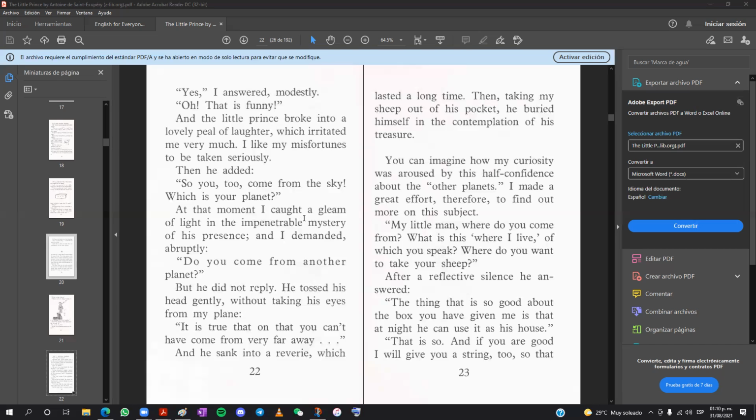Ujú. got Ujú. a glimpse Ujú. of Light. Ujú. like in the impenetrable Ajá. Impenetrable. impenetrable mystery Mystery. Ujú. of his presence.